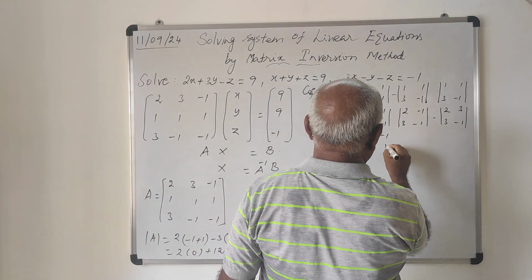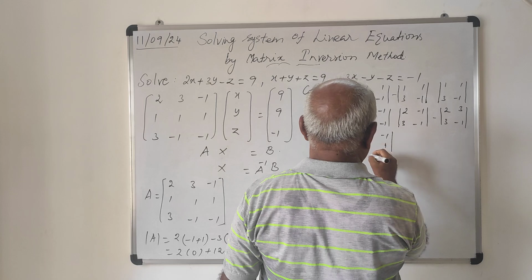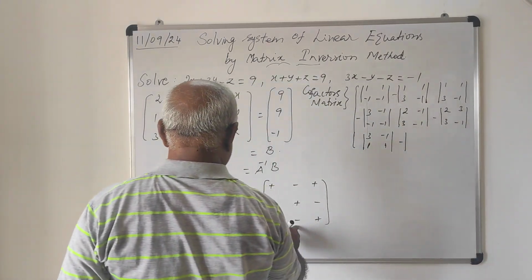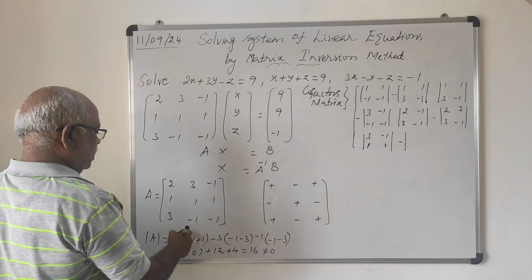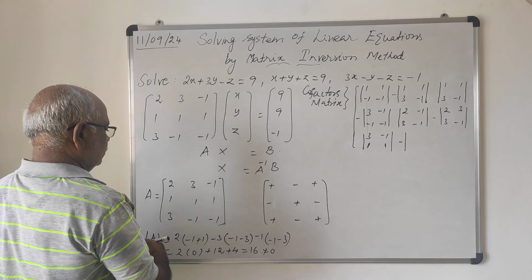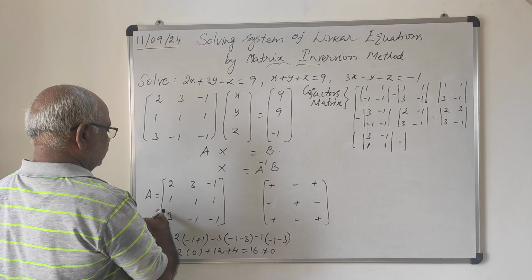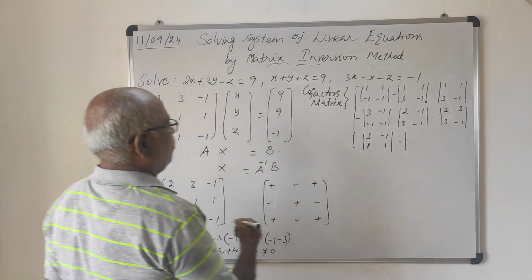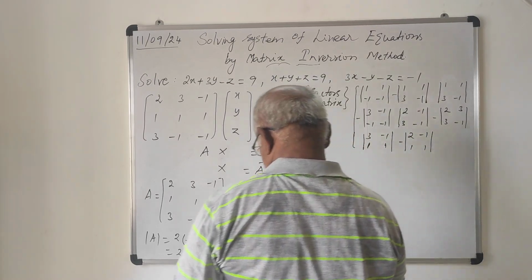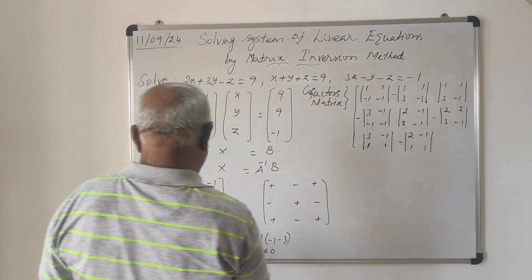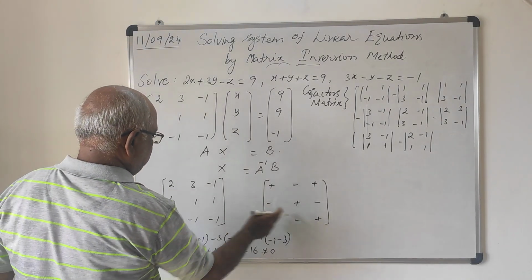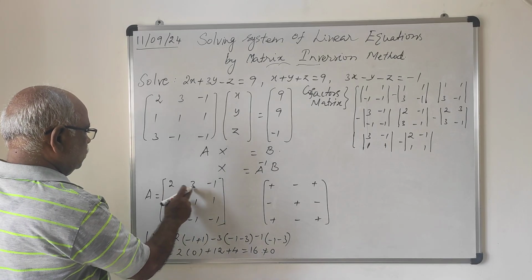Next, the cofactor of -1 is minus, eliminating the third row and second column: 2, -1, 1, 1. And finally, the cofactor of the A33 element is plus. Eliminating the third row and third column, we get 2, 3, 1, 1.